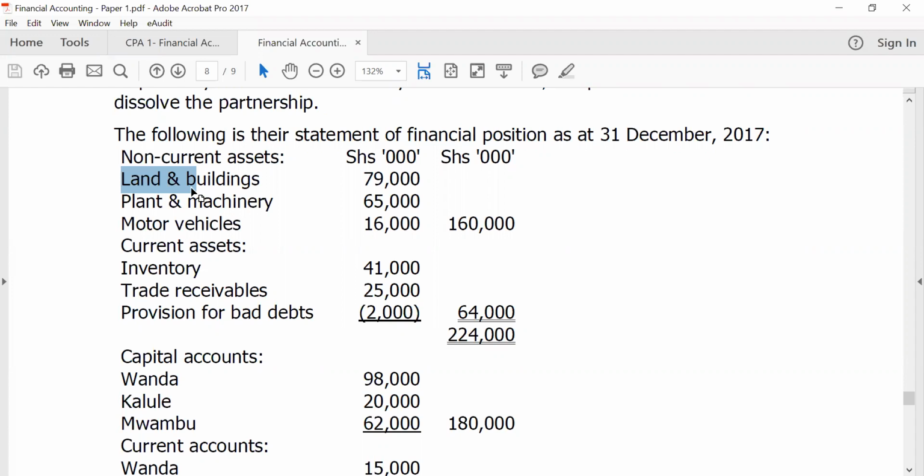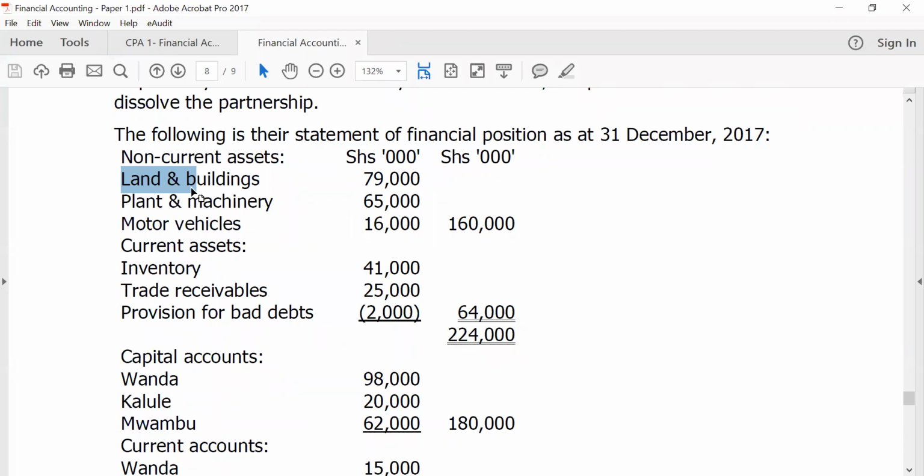When you look at page 12 of that handout, it has our steps for winding up of a partnership. Usually our first step is that assets and liabilities are transferred to the realization account.